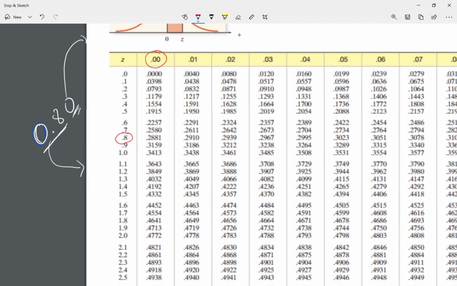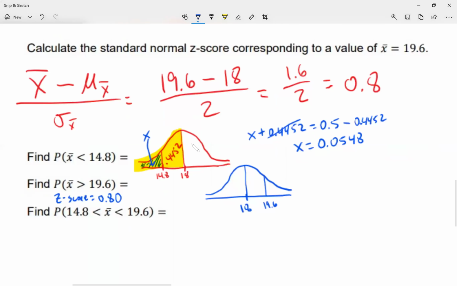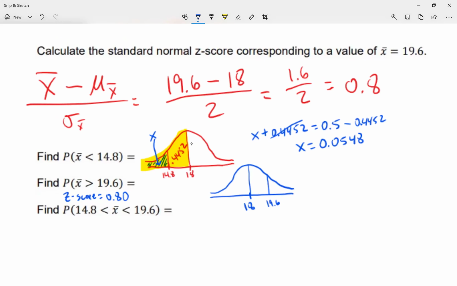So 0.80 gives me the probability of 0.2881. All right, that's not that hard. Let's come back to our work here. The 0.2881 is this right here.